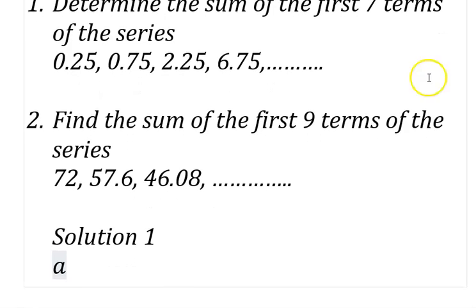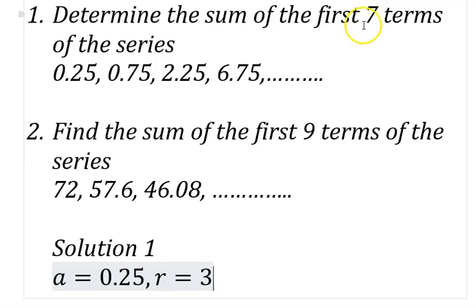I want us to still maintain it so that we can see our series. Now, our first term here has been established to be 0.25. I want us to take notes and pay full attention. We've been able to get our common ratio to be 3. But the question is asking us to look for the 7th term, that's the N, N to be 7. Beautiful. We've been able to iron that out.